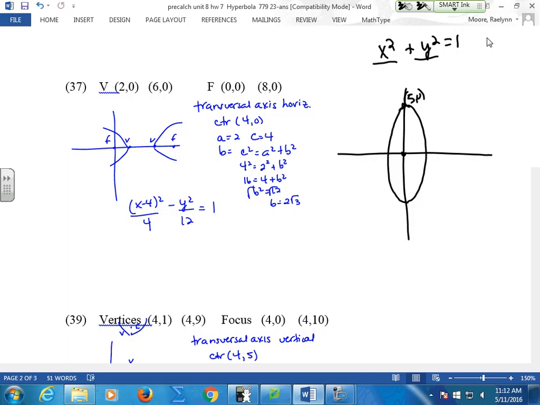What would I put under my y? 5 squared, good. If this went to 2, 0, what would I put under my x? 2 squared. Okay. Where do I find my foci? On the major axis, in between.